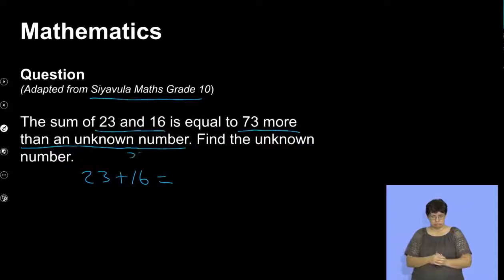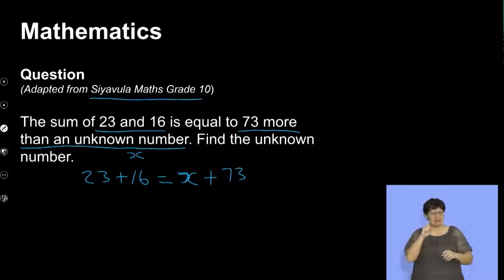So already you know that there is an x there, right? So the 23 plus the 16, we are being told that it is 73 more than, so it will be x plus 73. I want to start with the x. Why? Because it is 73 more than. So it means if I know what x is, I must add 73 to it in order to get that particular sum that we are talking about.